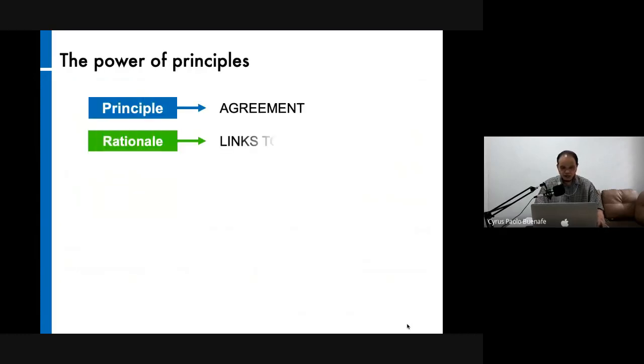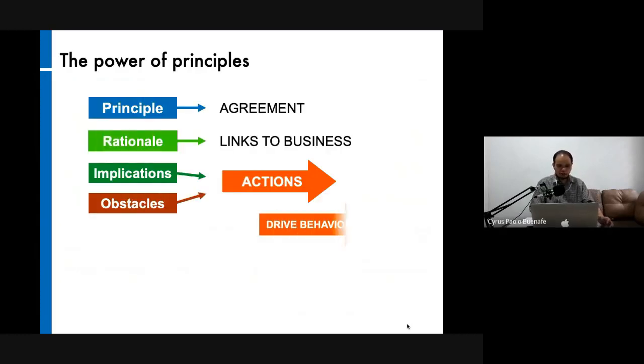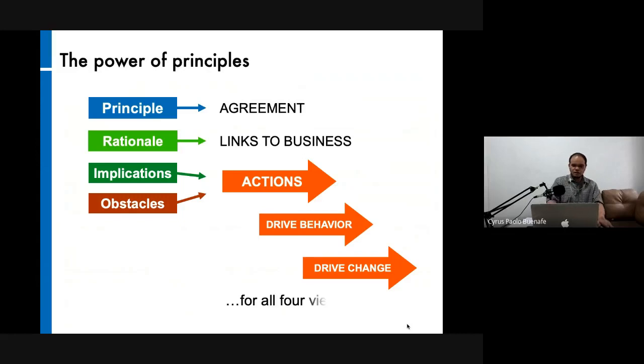Okay, so if you look at it from this perspective, the principle is some sort of an agreement between you and the client and everybody else. Everybody agrees, okay, this is how we want to achieve our goal. Okay. And the reason why that is so is because of the rationale, which typically links it to a particular business idea. Okay. A business framework.